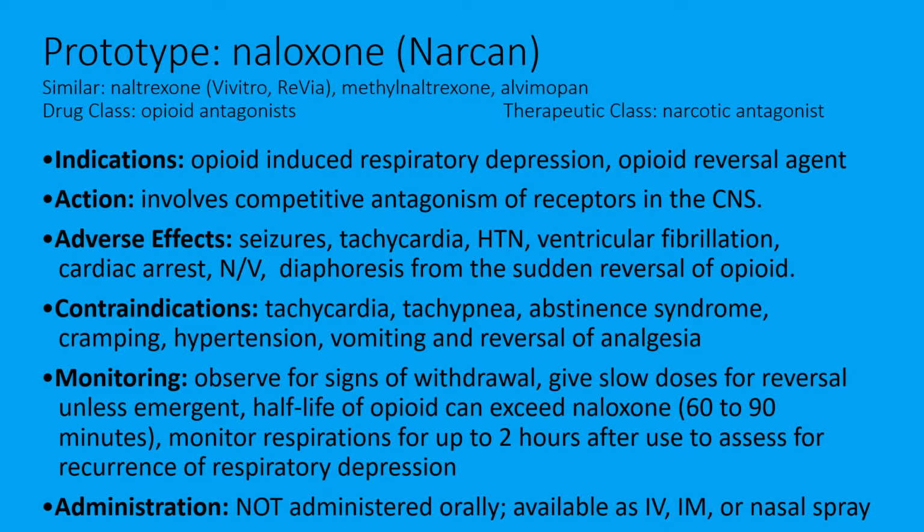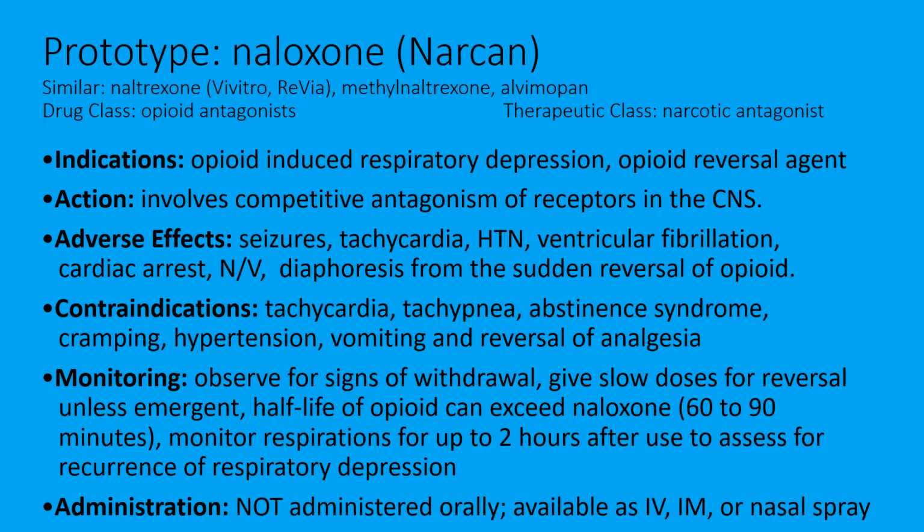Okay, so last slide on naloxone. It really is the prototype. Naltrexone is the oral one that we can use to try and convince people to stay away from opioids or alcohol. So it's for abstinence, but naloxone is the intravenous reversal agent for opioids.